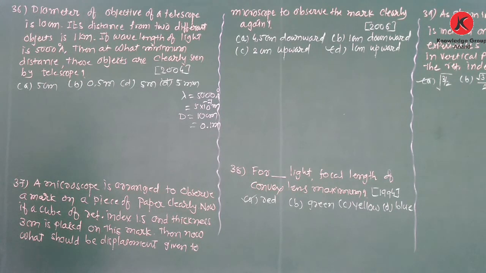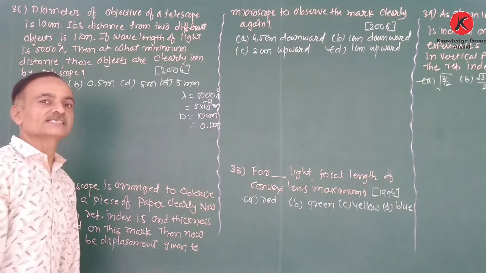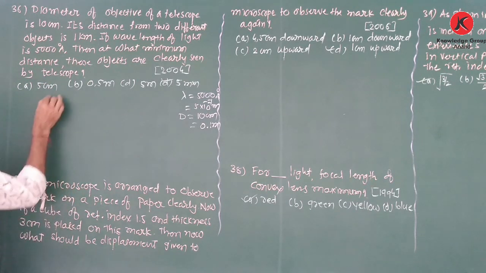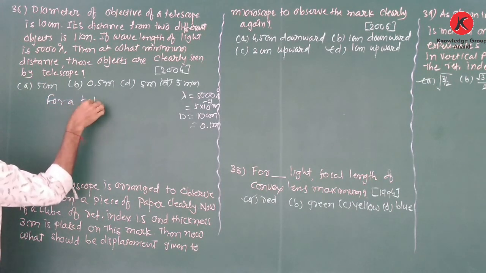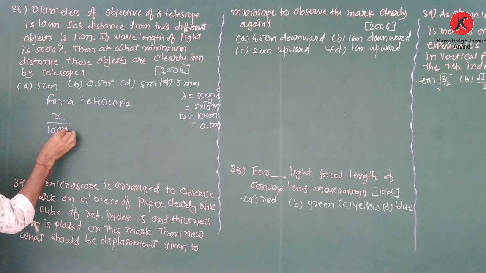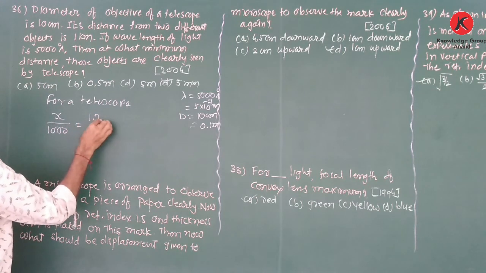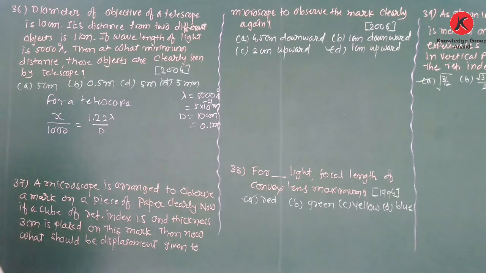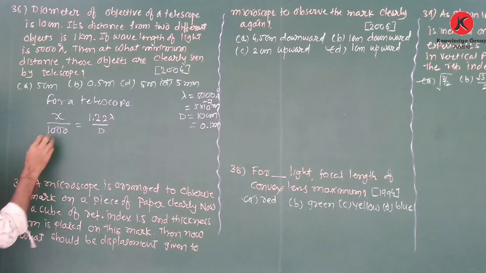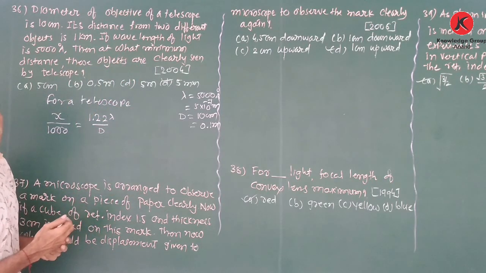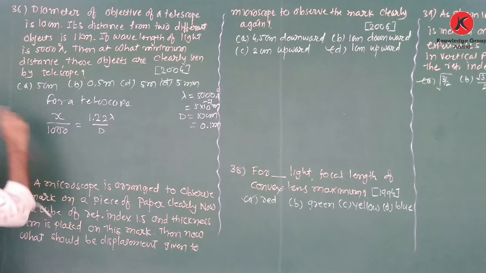Now we have to find out at what minimum distance we obtain its image clearly. So for a telescope, x upon 1000, that means the 1 kilometer, is equal to 1.22 lambda upon d. Therefore, x is the minimum distance at which these objects are seen clearly.